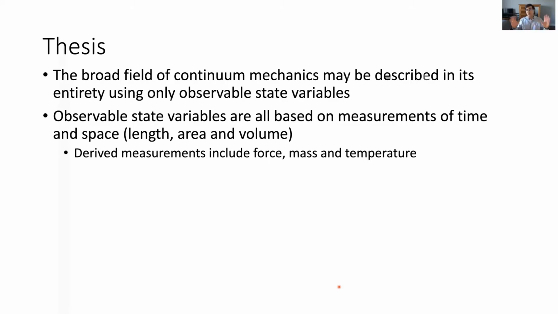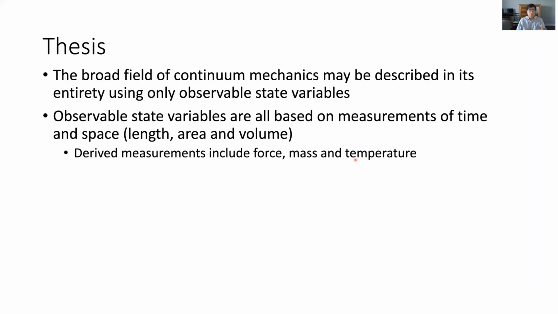And remember, I'm talking about Newtonian physics here. I'm not talking about Einsteinian relativity theory. So length, area, volume, and time are the things that we can measure. Force is then measured usually using a calibrated material whose deformation you can measure, and you say, aha, the force is related to that deformation. Mass is then calculated as you divide force by acceleration.